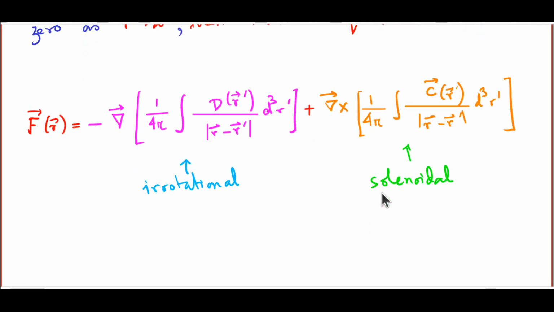Indeed, another way of stating Helmholtz theorem would be that every vector field which vanishes rapidly enough at infinity is composed of an irrotational part and a solenoidal part, and this decomposition into the irrotational and solenoidal parts is unique, once again, as long as the field dies out at infinity.